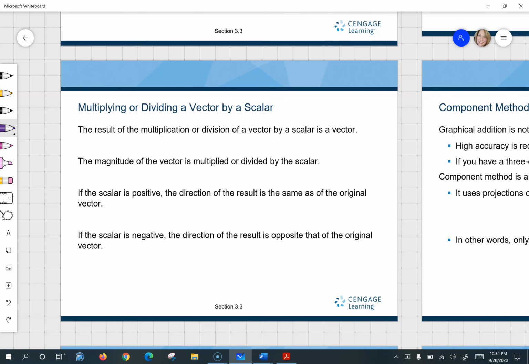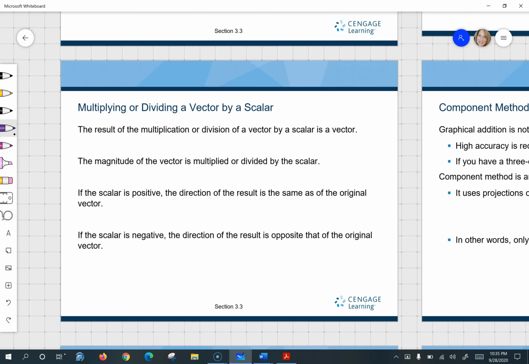All right, a couple of other quick notes. If you multiply or divide by a scalar, you still keep your vector. And that'll make more sense as we do more complex math a little bit later. The magnitude of the vector is multiplied or divided by a scalar, you'll still get your vector.